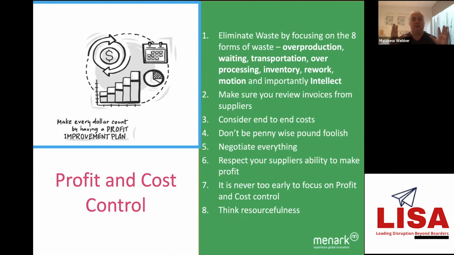So you need to be able to work on a win-win basis, but the win-win is exactly that. Sometimes people confuse that as trying to be too kind and give the suppliers too much power in the relationship. But equally, you need to respect your supplier's ability to make profit.